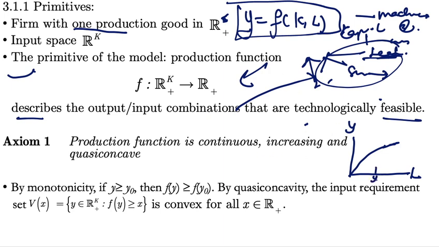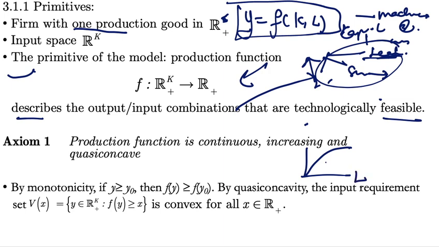Let's change the notation, otherwise you get confused with my notation. The idea is this: your production function is increasing and also quasi-concave.